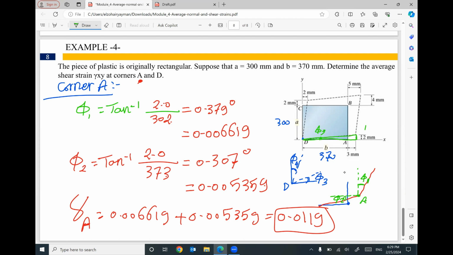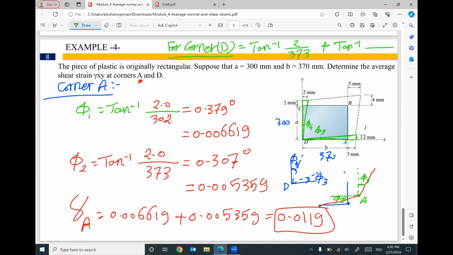So the opposite will be 2 millimeter and the adjacent will be 373. So for corner D, phi 3 equals inverse tan of 2 divided by 373, plus inverse tan for phi 4, inside this right angle triangle.